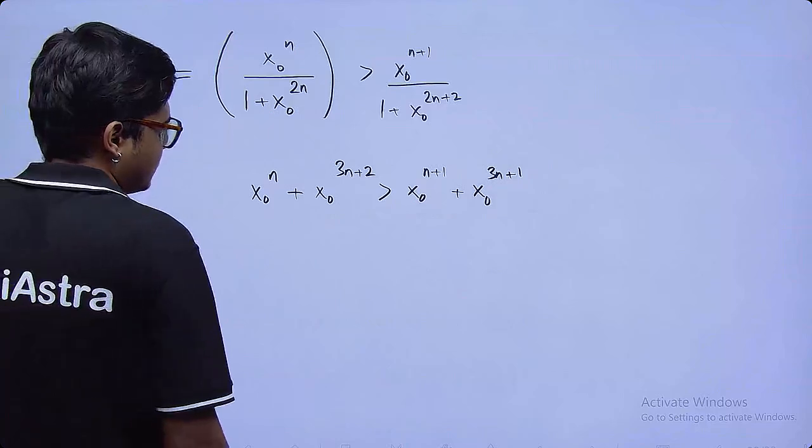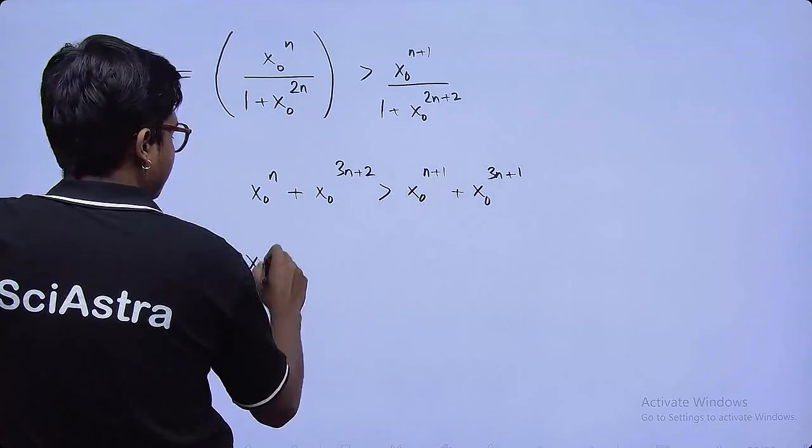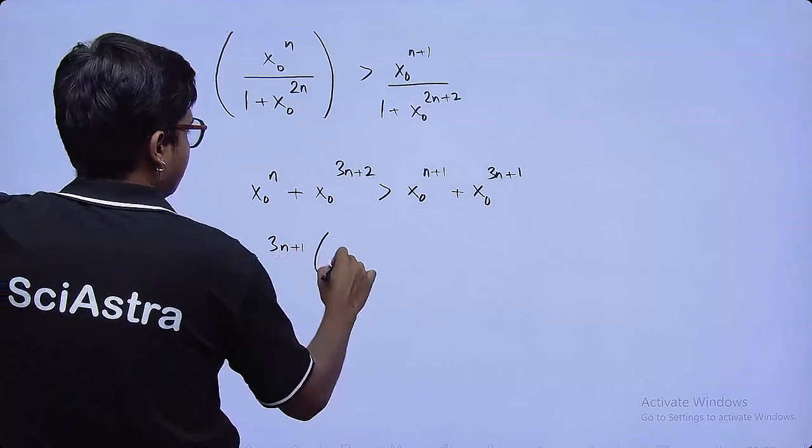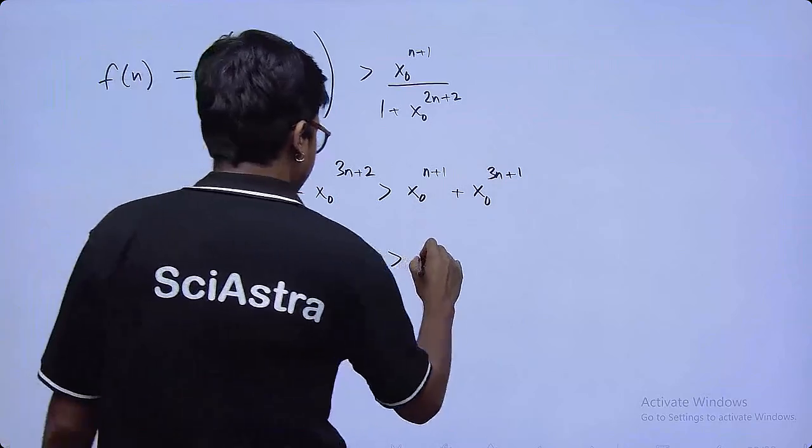Okay. Bring this to the side, so you get x naught power 3n plus 1 times x naught minus 1. You want this to be true, right?